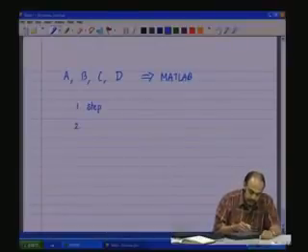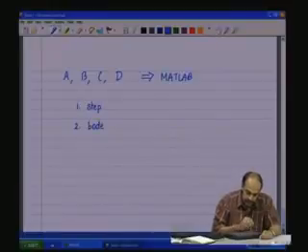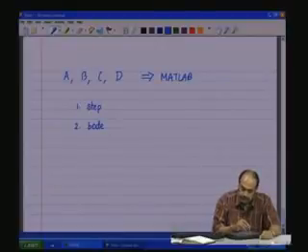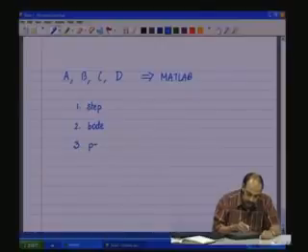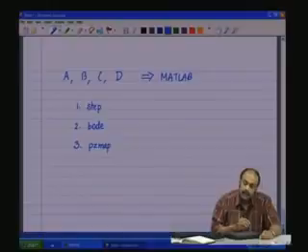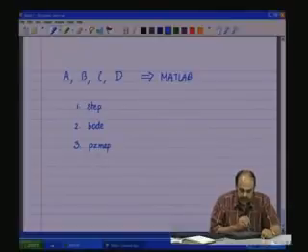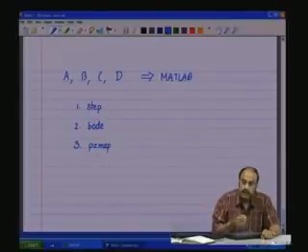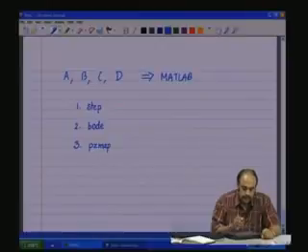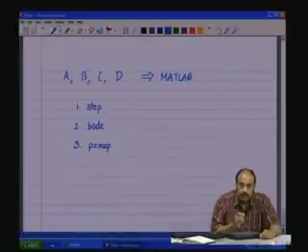The second one is Bode, to obtain the magnitude and phase plot of the system that you have modeled. And third, the PZ map, which will give you the plot of the pole zero locations of the system. These are the three main functions that we will be utilizing to analyze the system and get the features of the circuit that you have modeled.